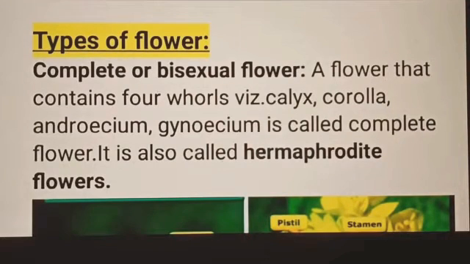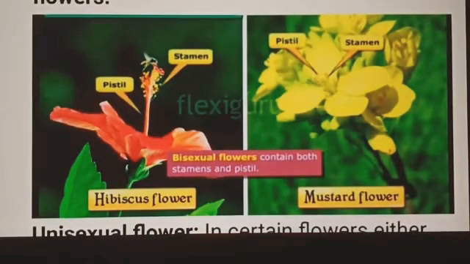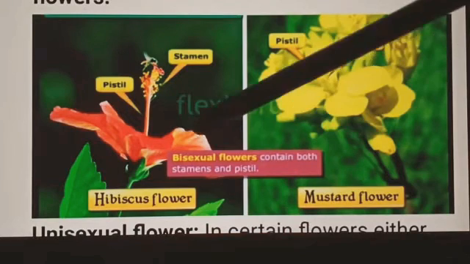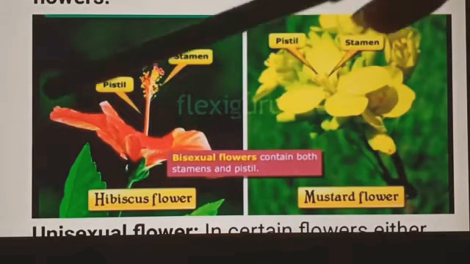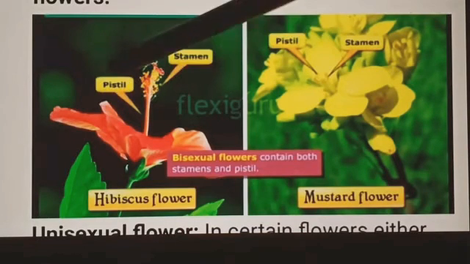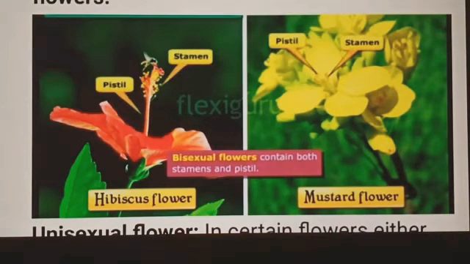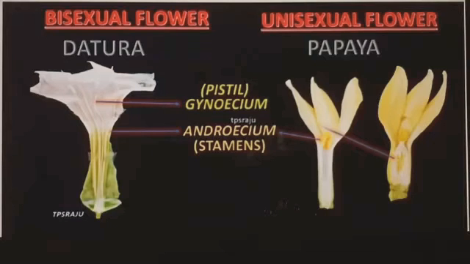They are also known as bisexual because of the presence of both male and female reproductive parts, meaning both stamens and pistil. Here in the picture of the hibiscus flower and the mustard, you can see both the male, the stamen, and the female, the pistil; both stamens and carpels are present. So that's why those types of flowers are known as bisexual flowers.